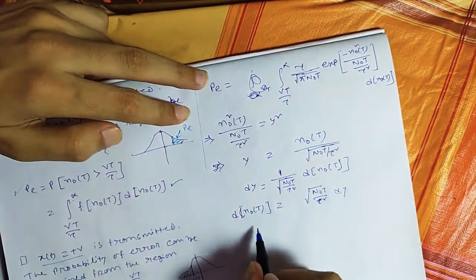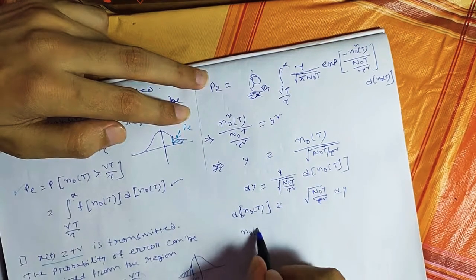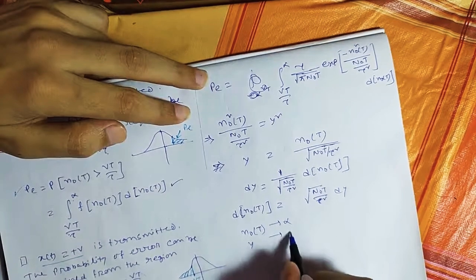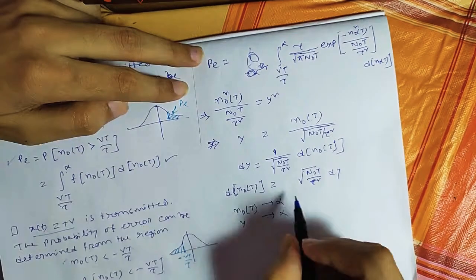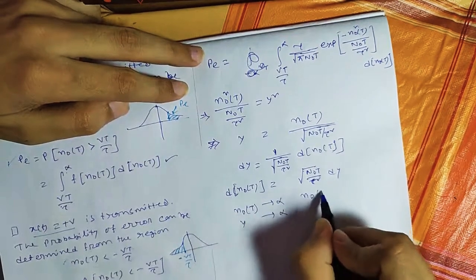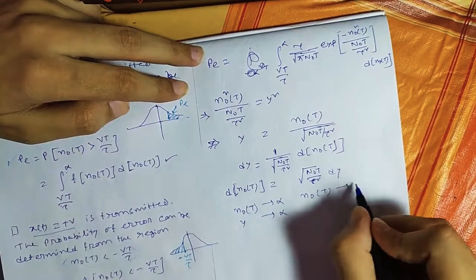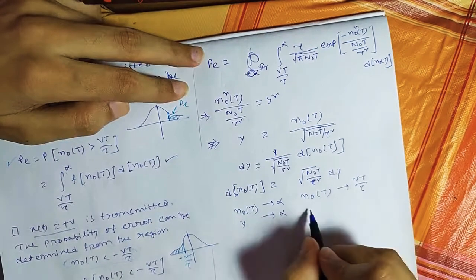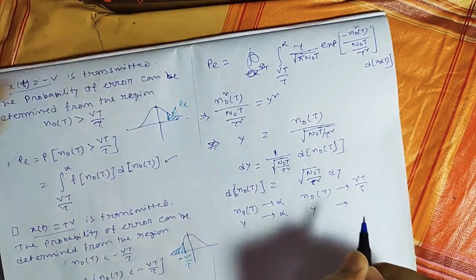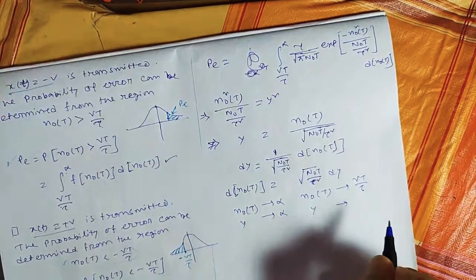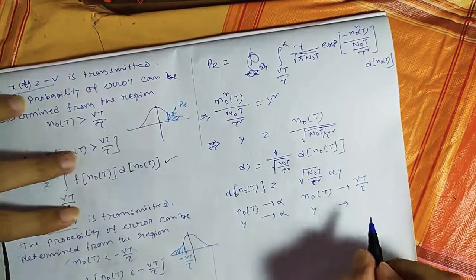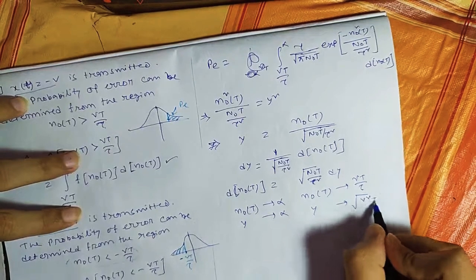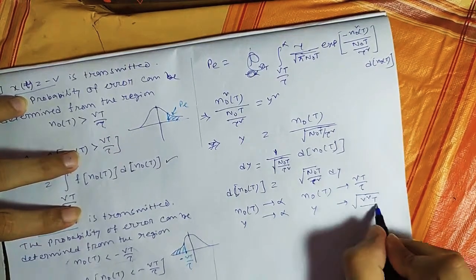Now as n0(t) tends to infinity, y tends to infinity, and when n0(t) is vT by tau, y will be root over v square T by n0.